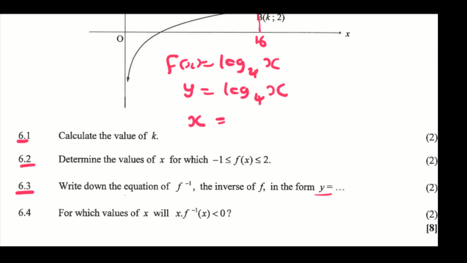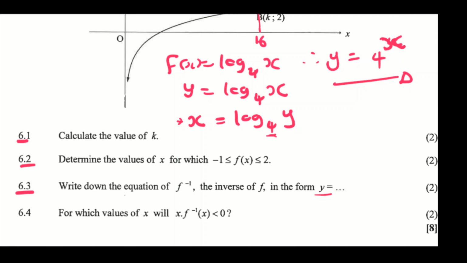So here it will be x equals log base 4 of y, and then we can therefore say y equals, this is the base, so just going to write the base, and the power is this x here, just going to write x. So this is the inverse, 4 to the power of x. So let me write this x properly, to the power of x. So that is the inverse of the graph.